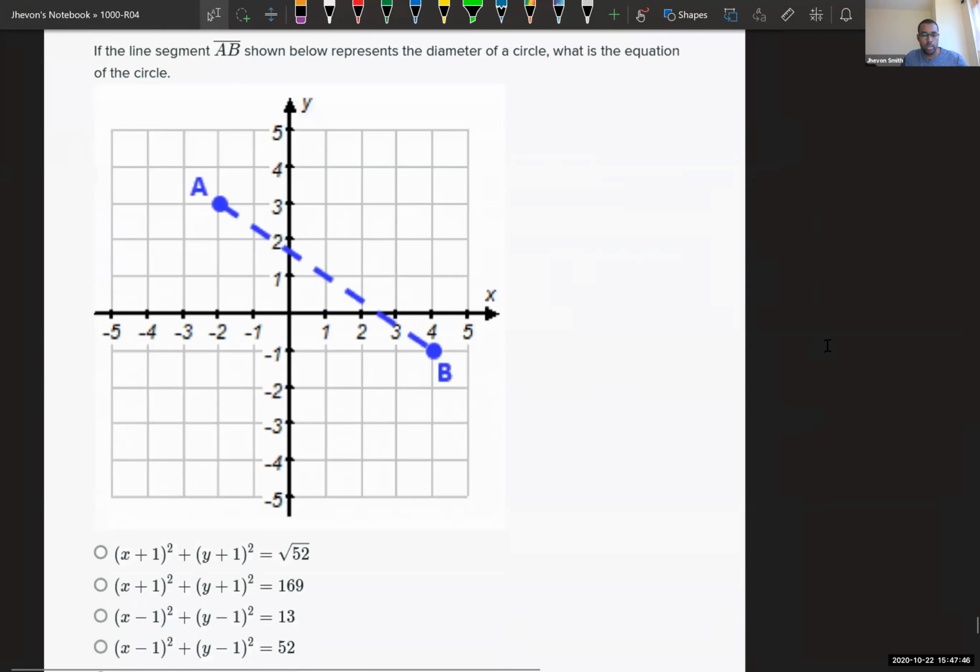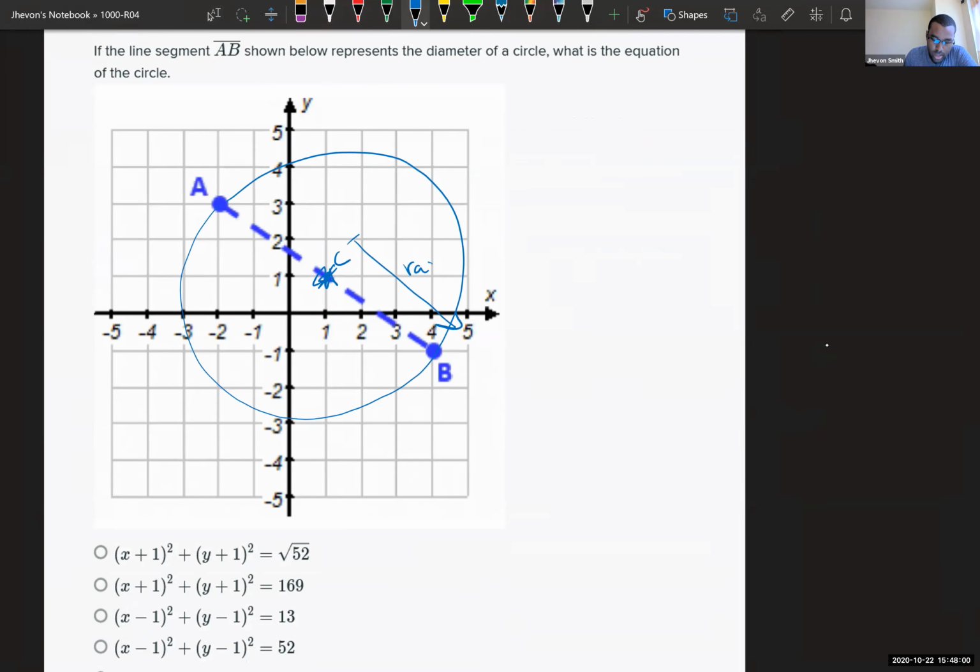So here, this is a little bit more complicated, but essentially we want to pretend that there's a circle going through here. We'd of course need to be able to find the center and the radius. So that's the center and that would be the radius.